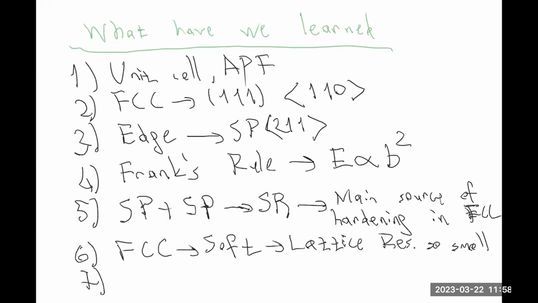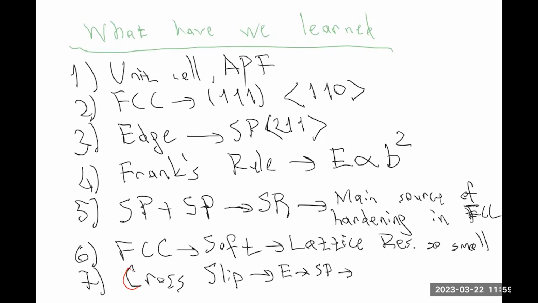Roa, last thing you learned from today's class. I'm sorry, you are the unlucky one. Yes, hocam. I think I can say that the main mechanism in FCC is cross slip. All right, perfect. We also have the cross slip process. So the edge dislocation goes into Shockley partials.